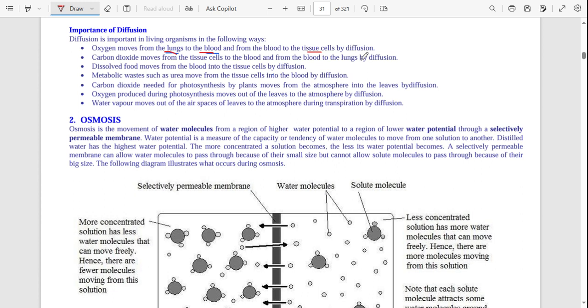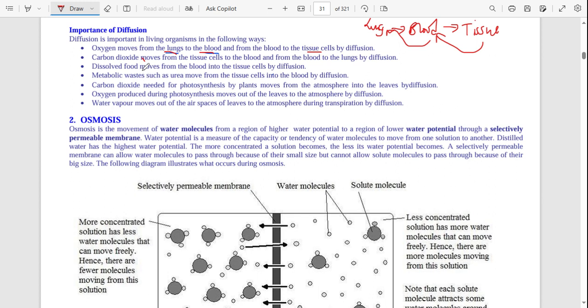Carbon dioxide does the opposite. Oxygen will move from the lung into blood, and then from blood into tissue to do the function. Carbon dioxide will move from tissue to the blood and then from blood to the lung so that you can breathe it out. And that is also by diffusion.